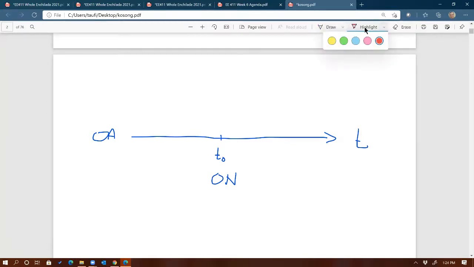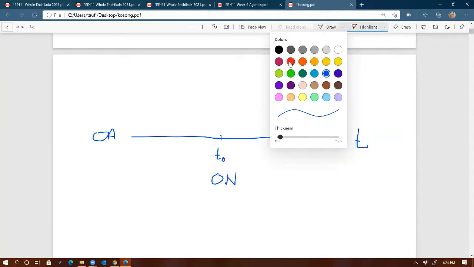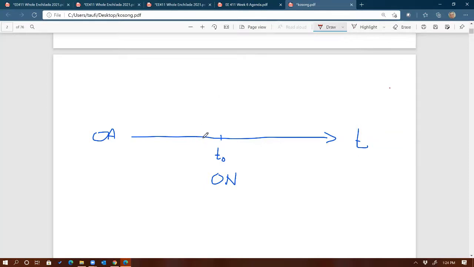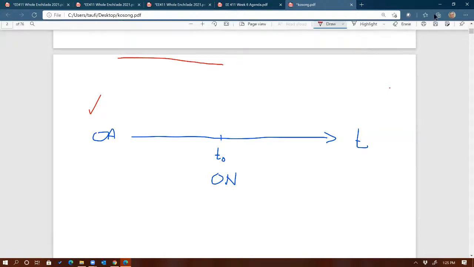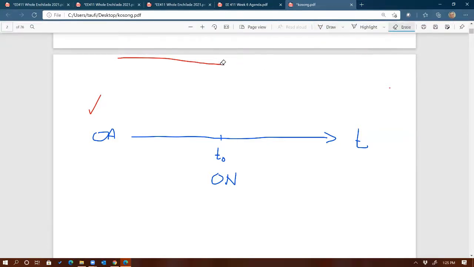Let's say that immediately before t0, the current is up high, right here. And then when you turn, oh, sorry, this is turn on. Let's do turn off. Turn off is easier to explain.